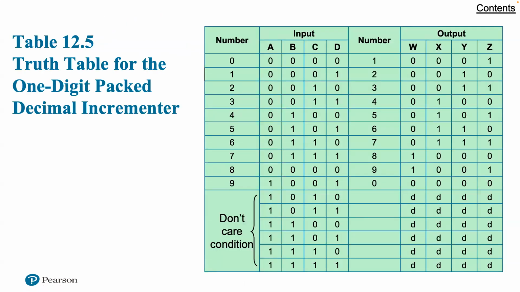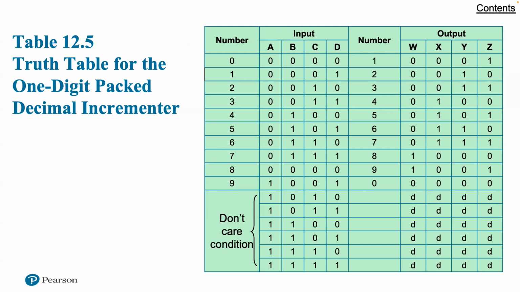Here in table 12.5, it shows the truth table for producing a 4-bit result that is 1 more than a 4-bit BCD input. The addition is modulo 10, thus 9 plus 1 equals 0. Also note that 6 of the input codes produce don't care results because those are not valid BCD inputs.